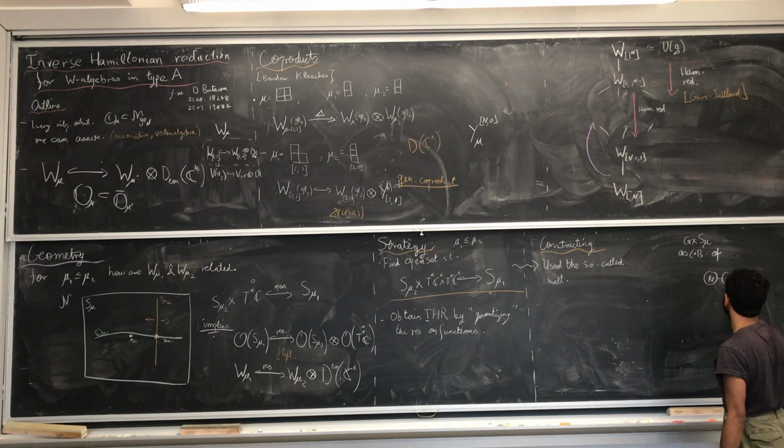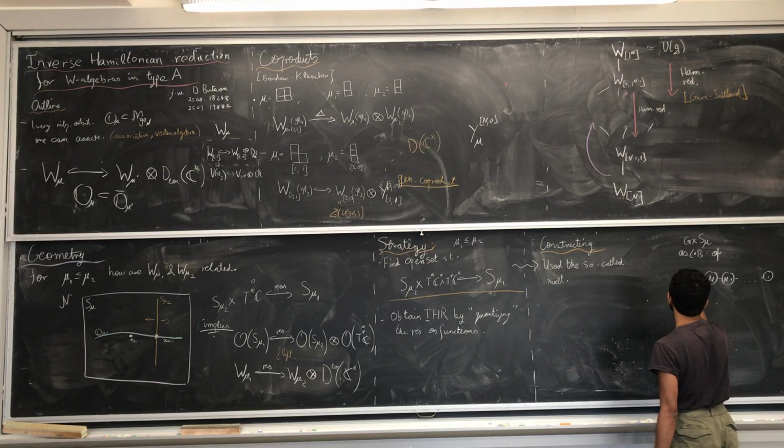n minus 1, 1, and here you have n minus mu1, n minus mu1 minus mu2.